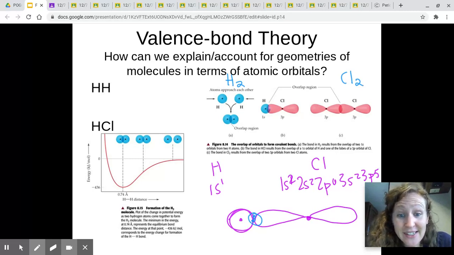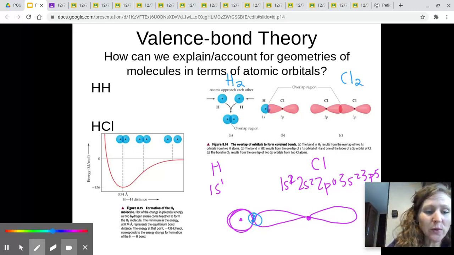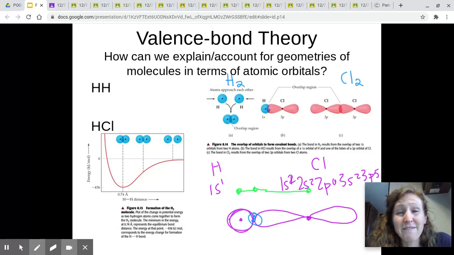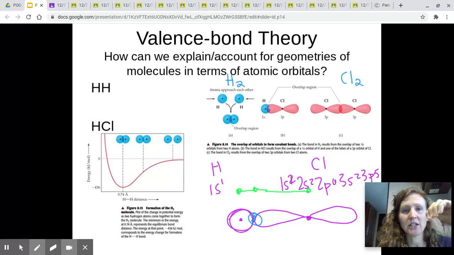Okay, and here's the issue: when we measure the distances between the nucleus of hydrogen and the nucleus of chlorine, they are at vastly different distances from each other, right? The nucleus of hydrogen is much closer to where these electrons exist. The nucleus of chlorine is much farther away from where these bonding electrons are going to exist.